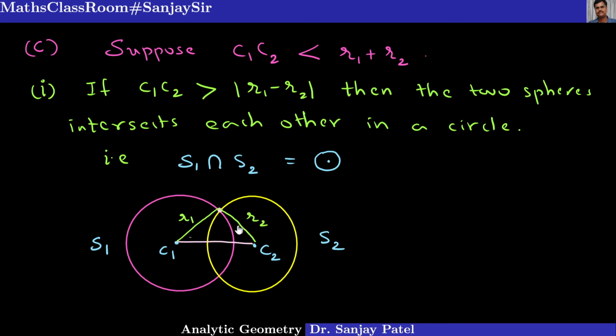So R1 plus R2 is greater than C1C2, the triangle rule. So the intersection set of the two spheres is something like this. It intersects in a circle. That circle I can draw like this. So this is the circle of intersection.